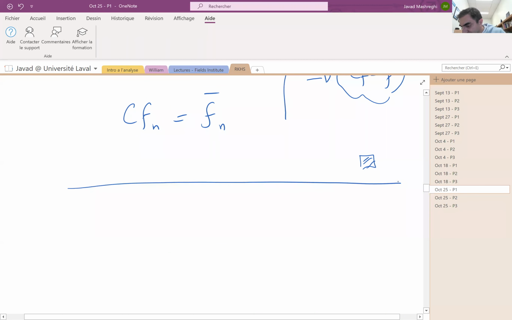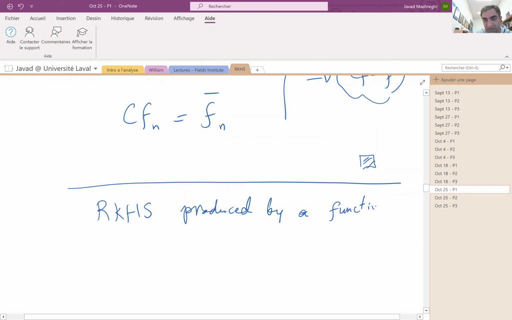Our next RKHS is the RKHS induced by just one function. We saw this before, but there is one more item in the result that I want to highlight. So RKHS produced by one function. We will need this in a future lecture too.